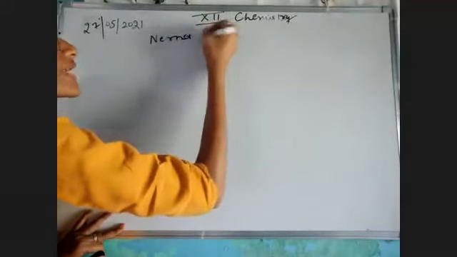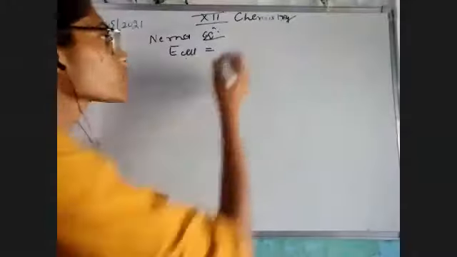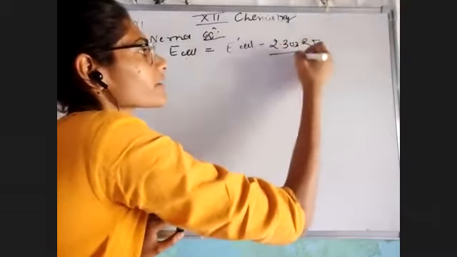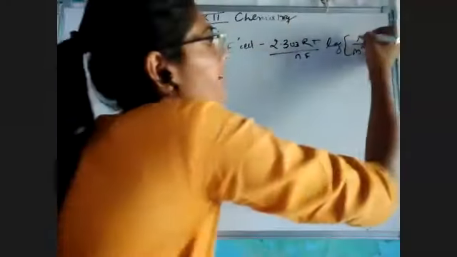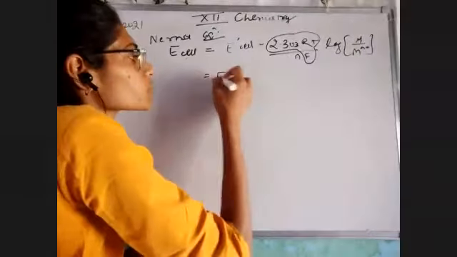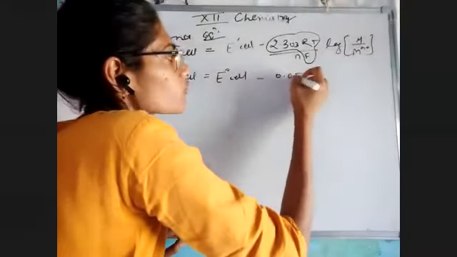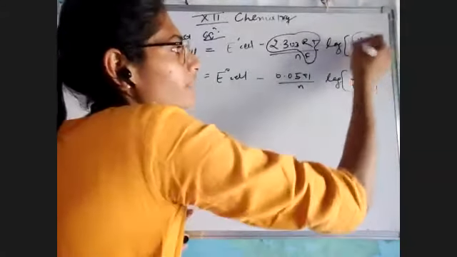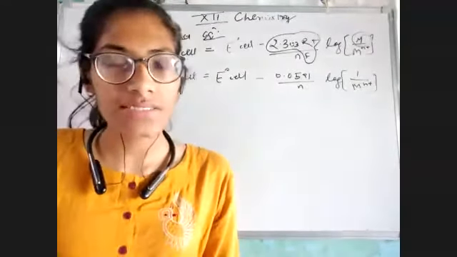I told you that E cell denotes the EMF of the cell at any concentration, and it equals E naught cell minus 2.303 RT by nF log 1 by M n+. With 2.303 RT divided by F worked out, E cell equals E naught cell minus 0.0591 divided by n log 1 over M n+, because we have taken the final product concentration to be 1. So this was all we did in yesterday's class.